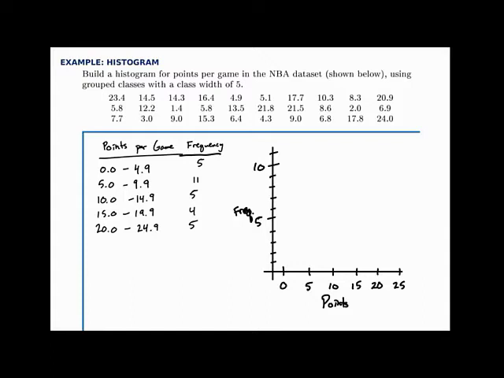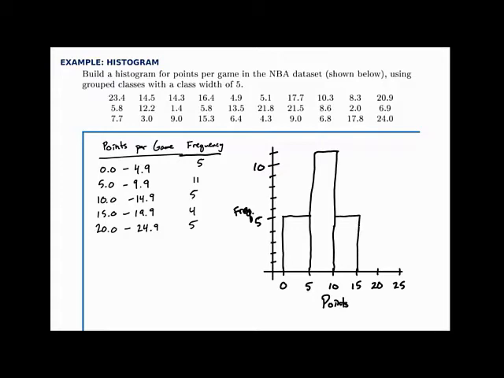In the first class, the frequency is 5, so we'll draw a bar up to 5, ranging from 0 to 5. Then from 5 to 10, the frequency was 11, so that one goes all the way up to the top of the graph. Then from 10 to 15, that frequency was again 5.